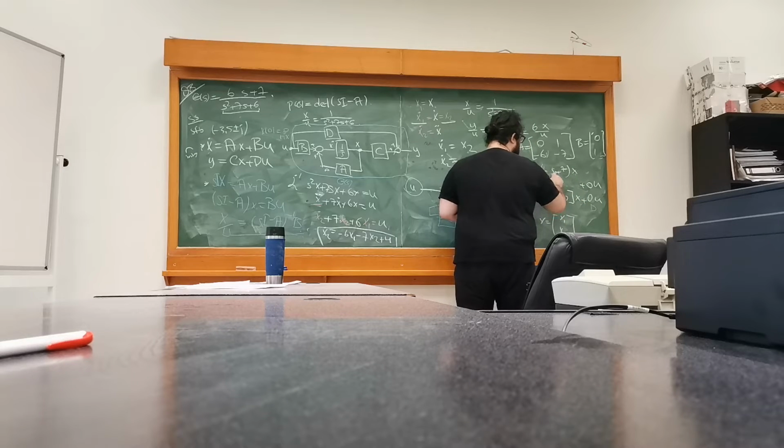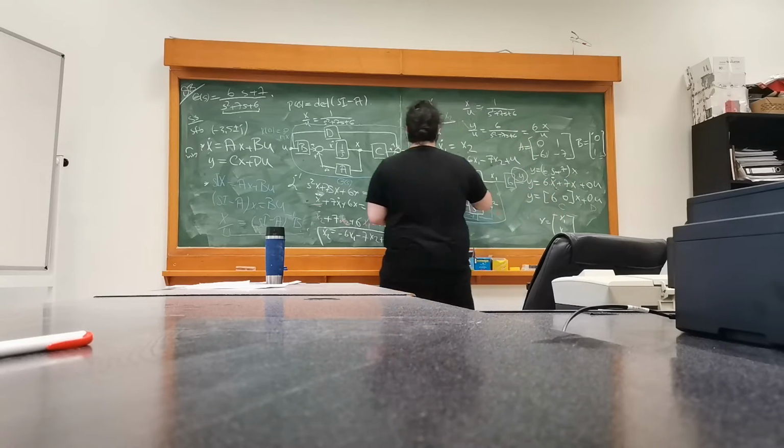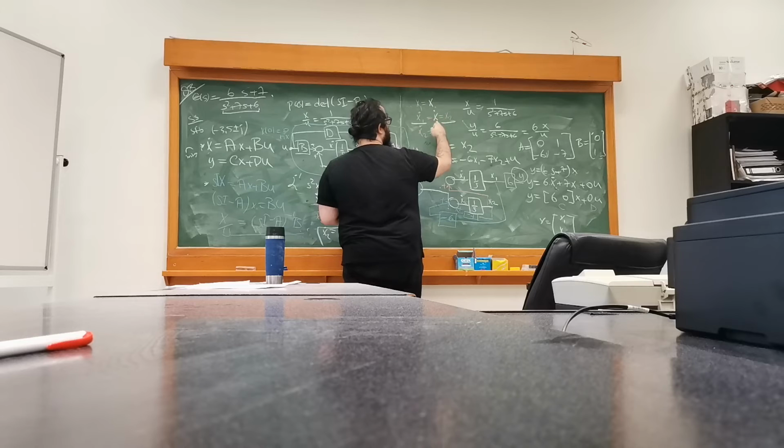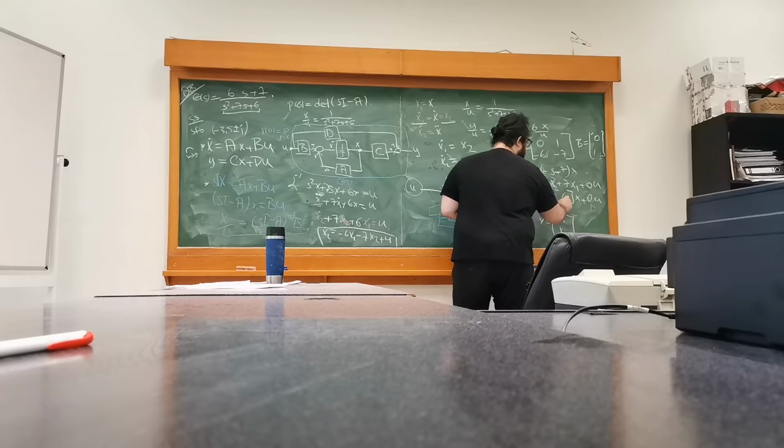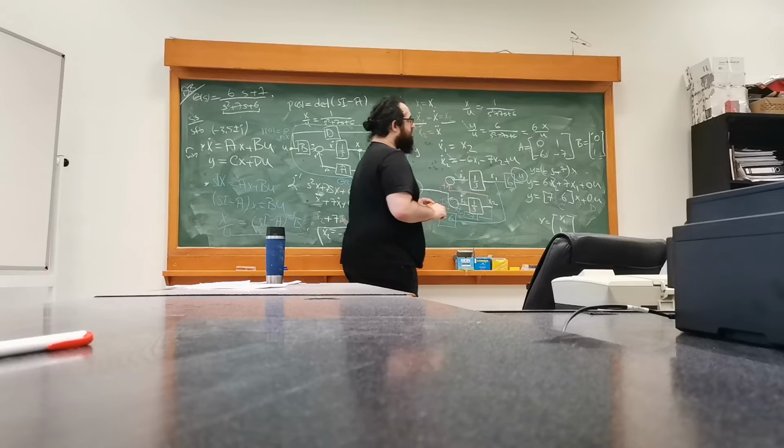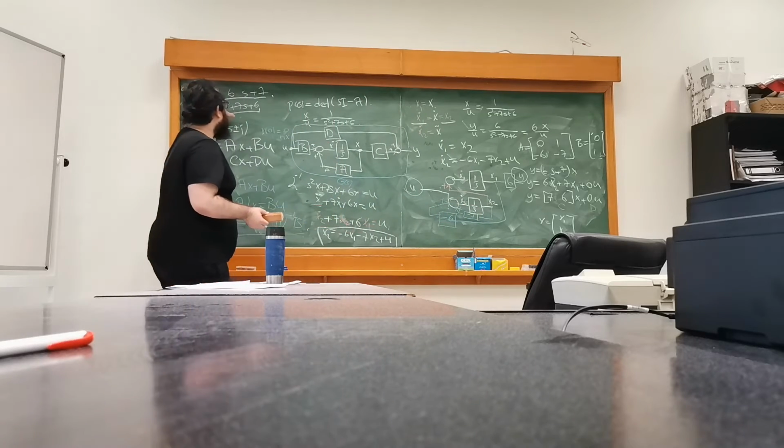So 6x dot and 7x. But I know that x dot is basically, where is it? It's x2. So this would be x2. This is x1. So therefore, this term will become 7, this will become 6, and again you have the output here.